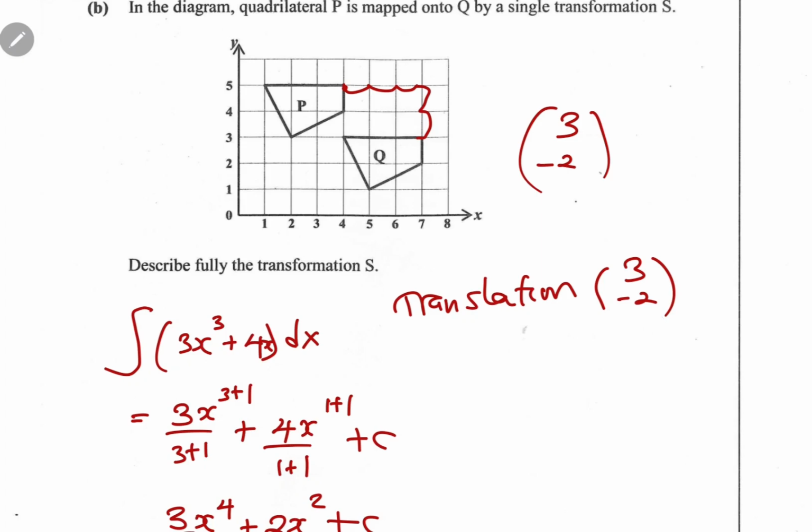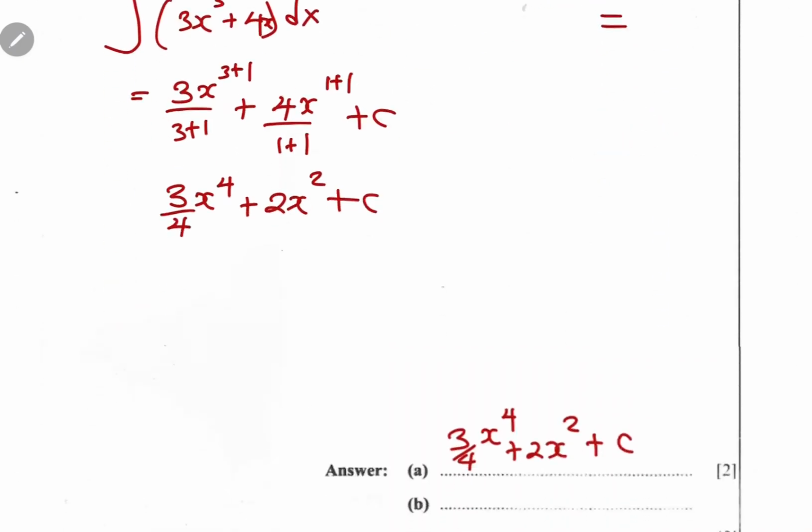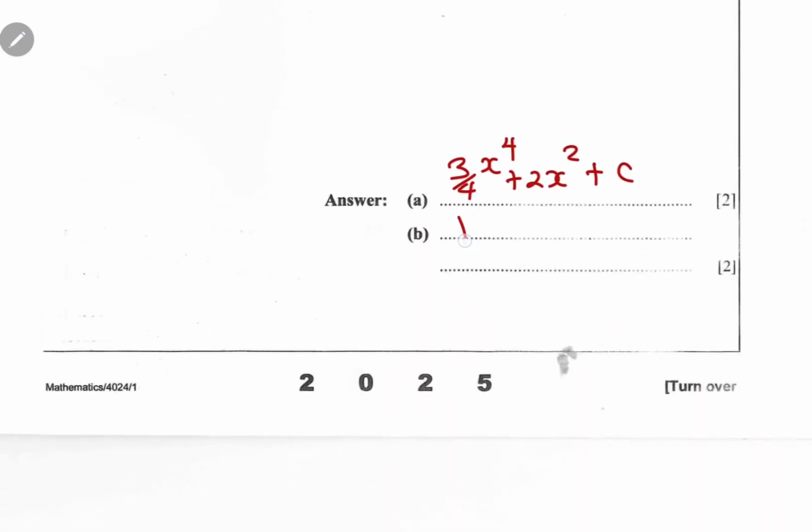Go in this side 3 times, that is in the x, then down, that is the 2. So here we can say translation vector 3, negative 2. All right.